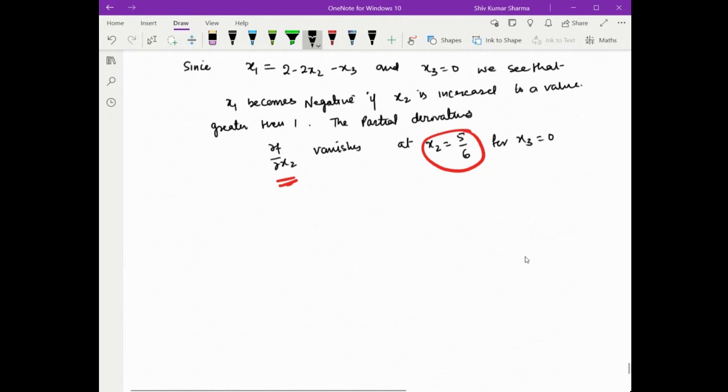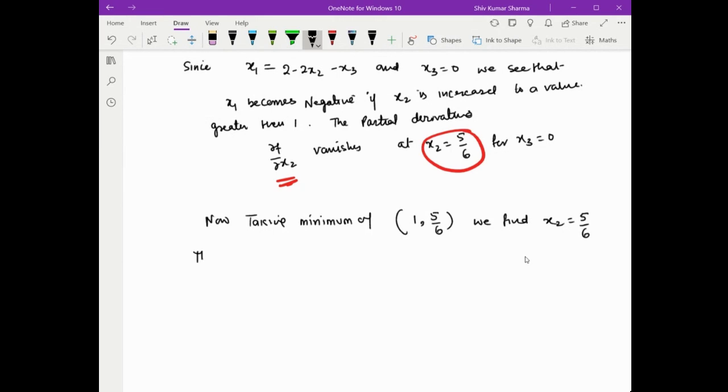So now taking the minimum of 1 and 5 by 6, we find that x2 equals 5 by 6.